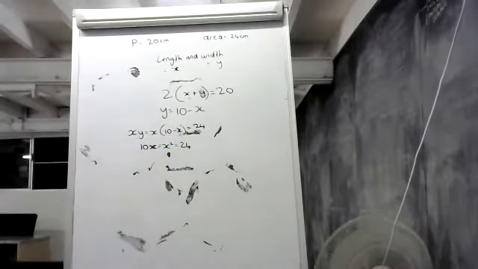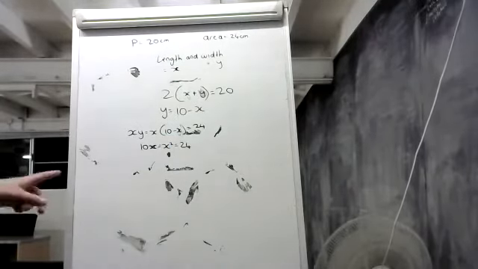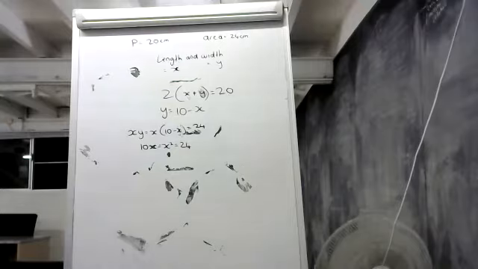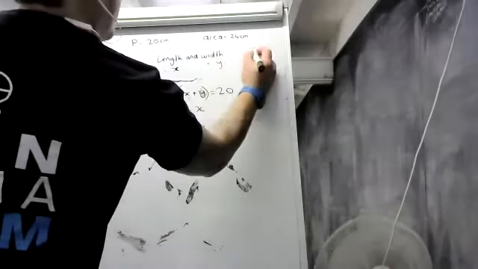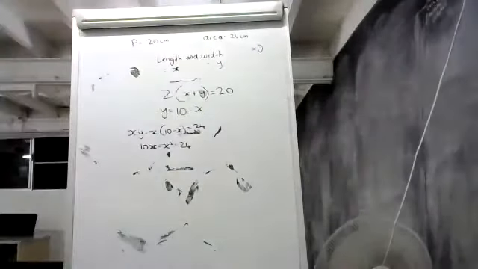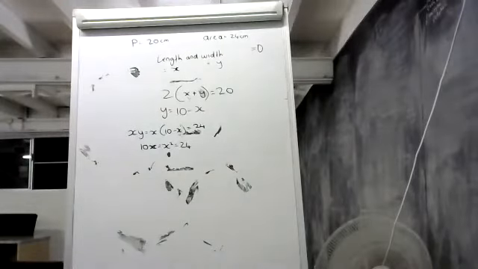What would the next line be? Remember back to our quadratic equation, it has to equal 0. So now we're putting it into our quadratic equation. Does everybody remember what it was? ax squared plus bx plus c.